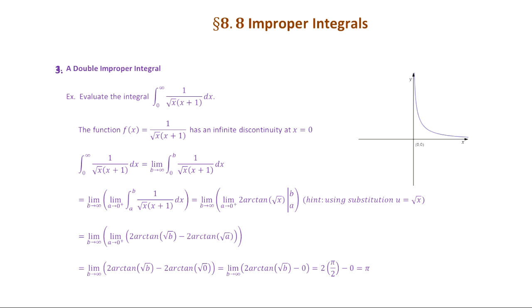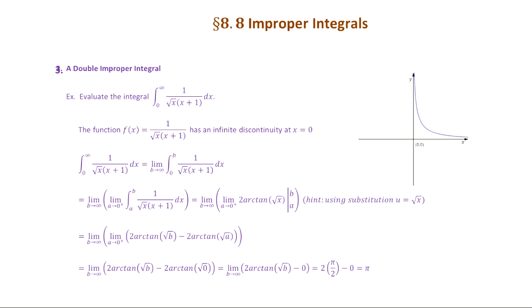Then you only need to worry about the limit of 2 arctangent square root of b for b approaching infinity. So when b gets large, the square root of b is large. So square root of b also approaches infinity, and then you try to find the arctangent with the argument approaching infinity, and you get pi over 2.